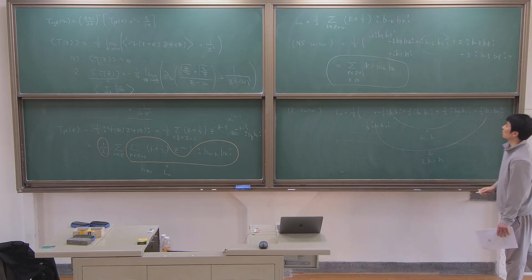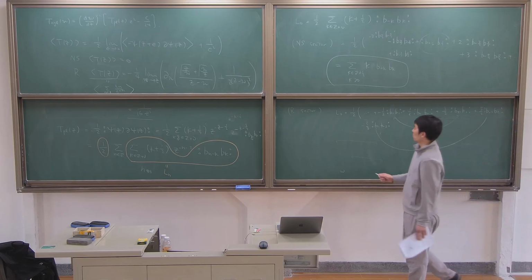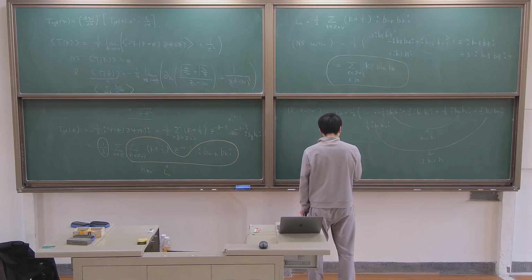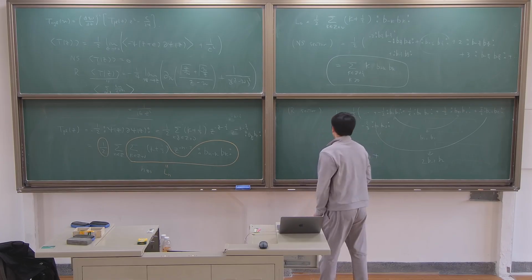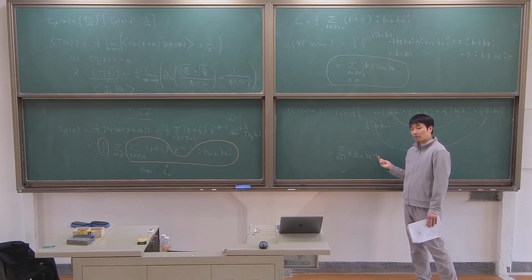That's what you get. Fine, and so on. So therefore, what we get is essentially the sum over k greater than or equal to 1 to infinity of k bk minus k bk plus.